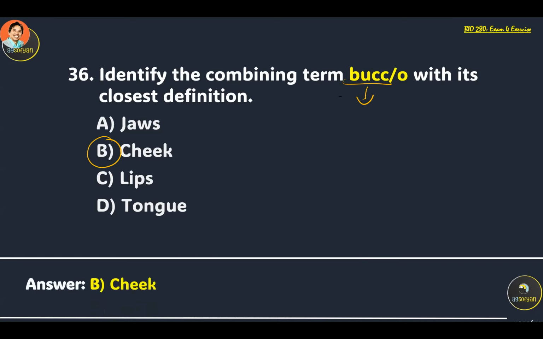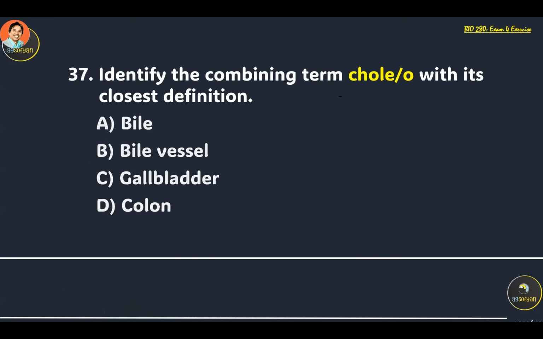Okay, bucco means cheek. And then chole, or choleo, like cholesterol, for example. What is chole over here? It is related to the bile.